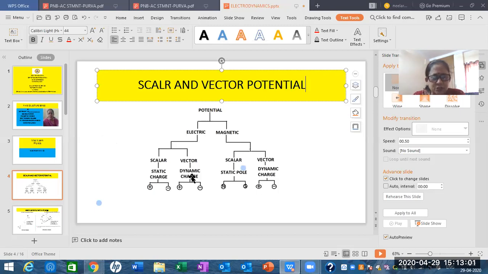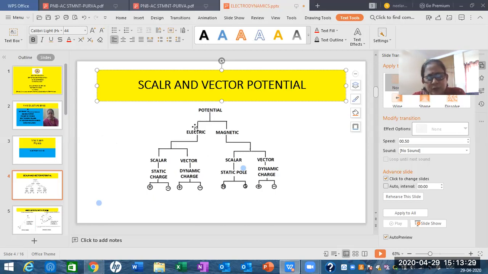So naturally, the charges which are responsible for the electric potential are under motion. So that is why we can classify this as what? Dynamic charge. So vector electric potential is produced by what type of charges? Electric dynamic charges. Dynamic charges again can be positive or negative. So depending upon that, electric potential is produced at one observation point.